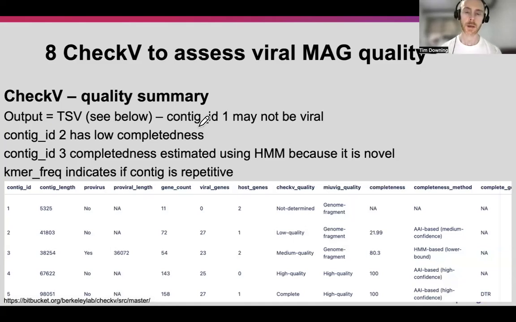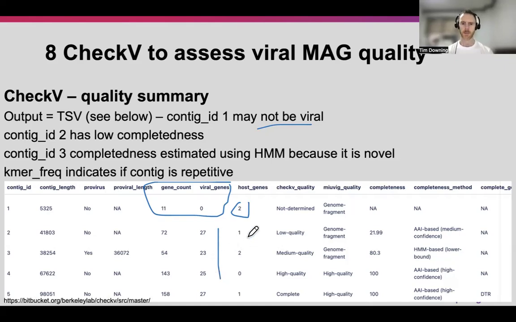For the quality summary, this will vary quite a bit. Firstly, we can identify contigs that may not be viral, like contig 1 here. You can see it has 11 genes, but at least 2 of them are identified to be host. It's likely that none of them are viral, at least. In contrast, for contigs 2, 3, and 4, we see that many of them are viral, but there may be some host ones as well.